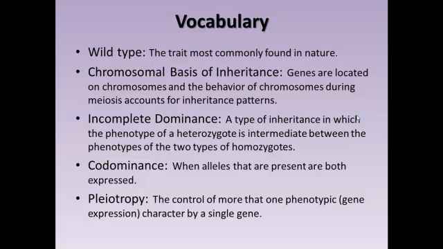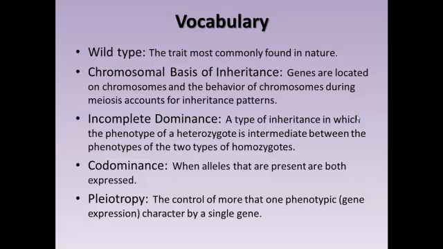Incomplete dominance is something we will talk about where, say you have a dominant allele coding for a gene and a recessive allele coding for a gene in the individual. Incomplete dominance occurs when that dominant allele isn't completely expressed as a dominant feature.